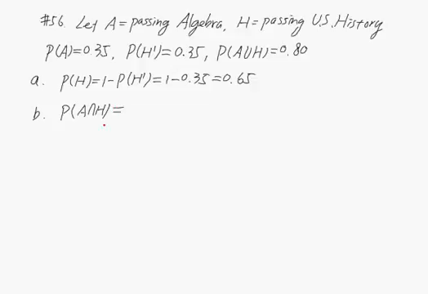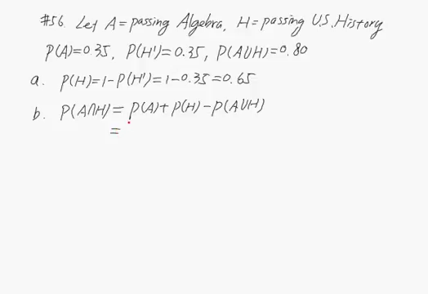And then we can use rule 4 to solve for P of A intersection H. So this is equal to P of A plus P of H minus P of A union H. Originally, in rule 4, we have P of A union H equal to P of A plus P of H minus P of A intersection H, right? You solve that equation for P of A intersection H, then you get this.